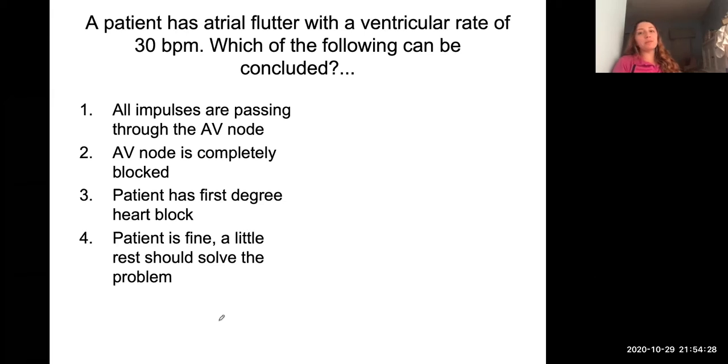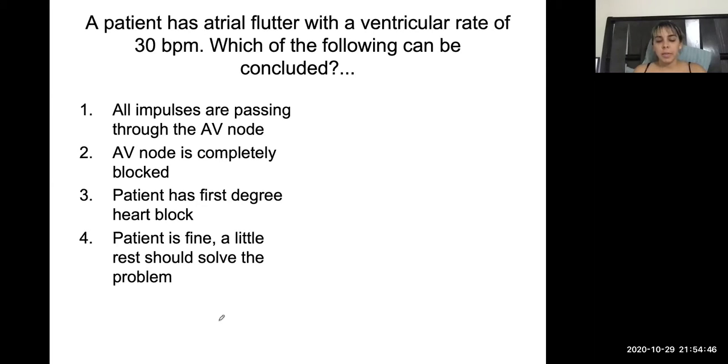Okay, so we've been over this. I've gone past the slide like 5 times, so you probably know the answer. A patient has atrial flutter with a ventricular rate of 30 beats per minute. Which of the following can be concluded? Maybe it's complete, number 3.